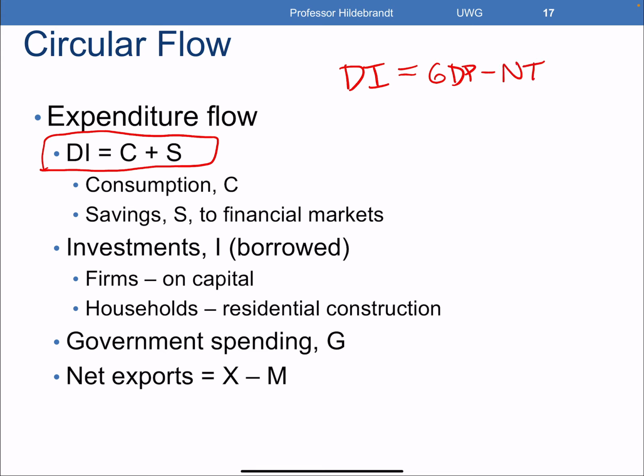That was our formula from the income flow. And you look at the information given, you're like, well, I can't figure this out. Well, that's probably because you forgot about the second relationship. So this is how we earn disposable income. And then this is what we do with it. We either spend it, consumption spending, or we save it in a financial market.